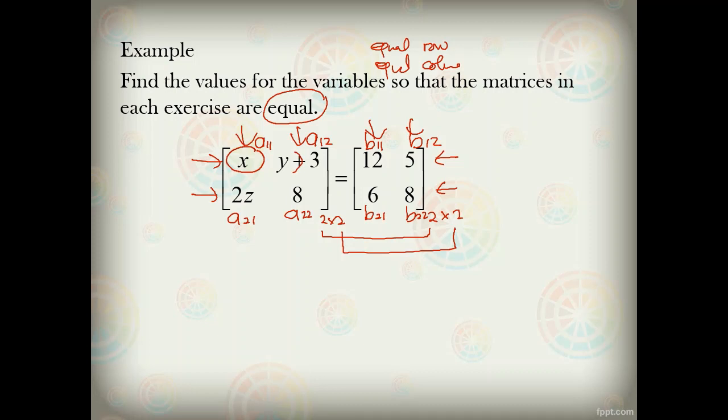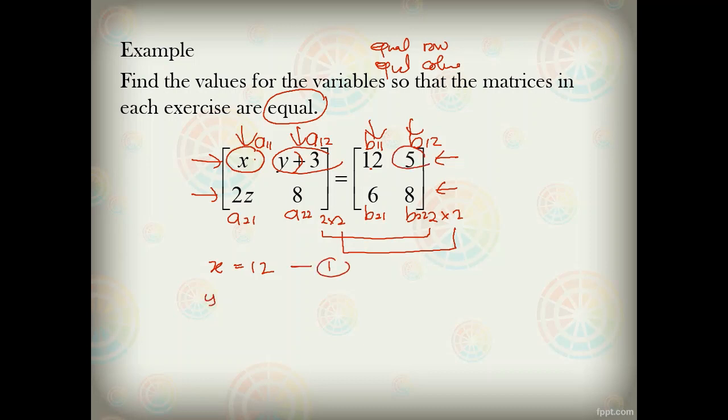By using the definition that the two matrices on the right hand side and the left hand side are equal, we can form 3 equations. Here x is equal to 12, so we can get the answer directly from here: this element equals that element. This is our first equation.